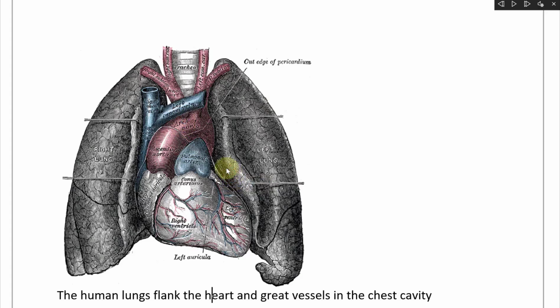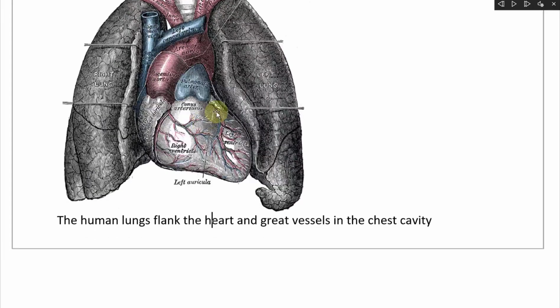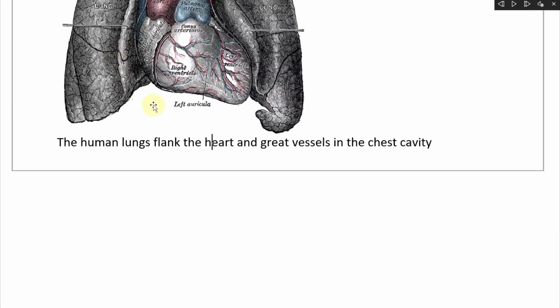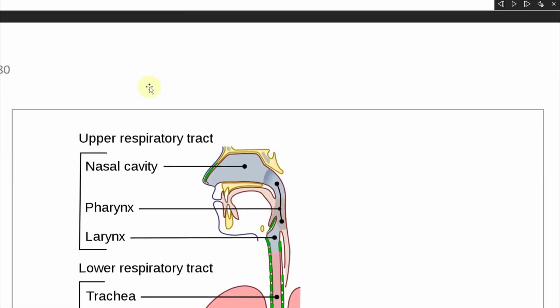And there are the great vessels over here, the big passages for blood in and out to the body and to the lungs. They're very close to it, so that the blood can get as close to the oxygen as possible to oxygenate it.